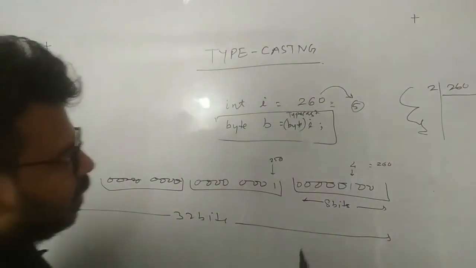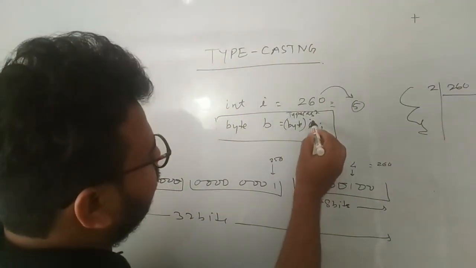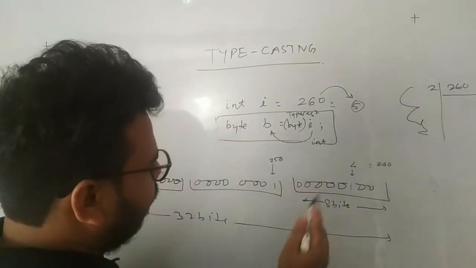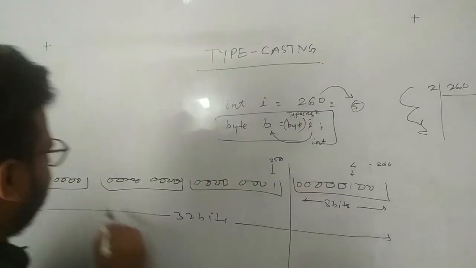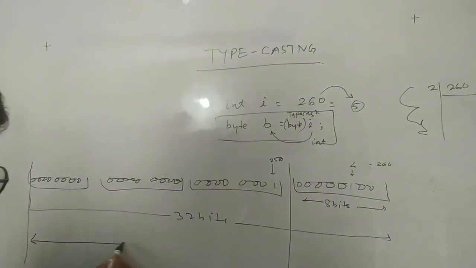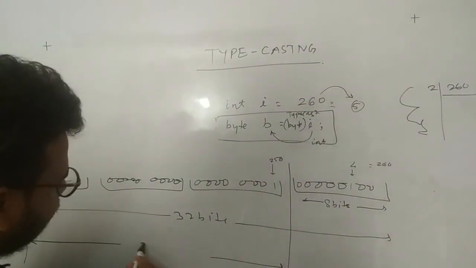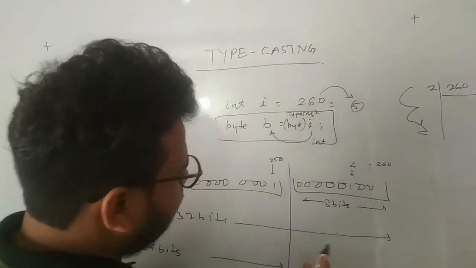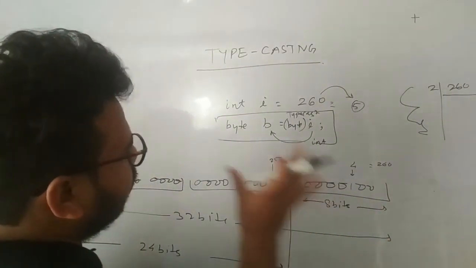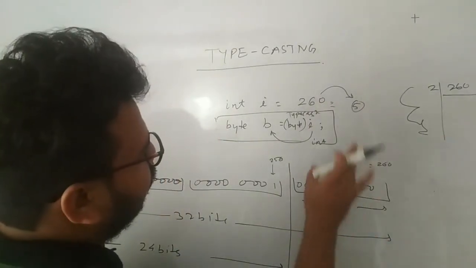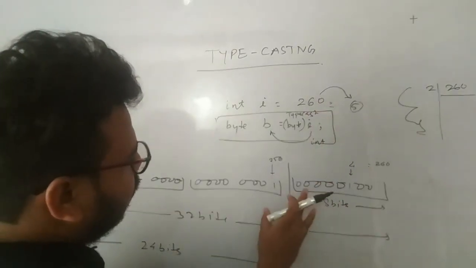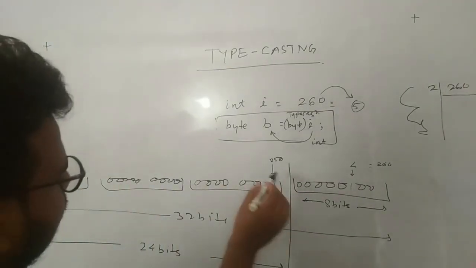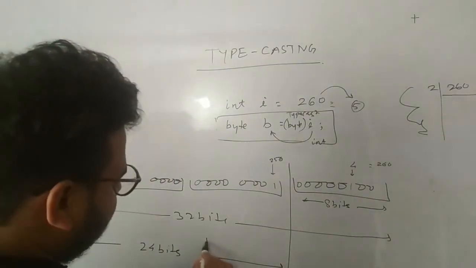Now what happens when we convert an int value to byte? Java trims the remaining 24 bits. Since the size of byte is only 8 bits, while converting from int to byte, these 24 zeros are trimmed.